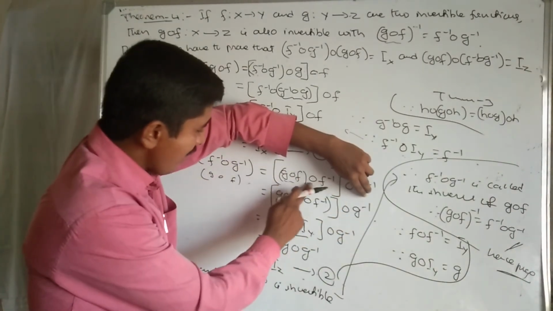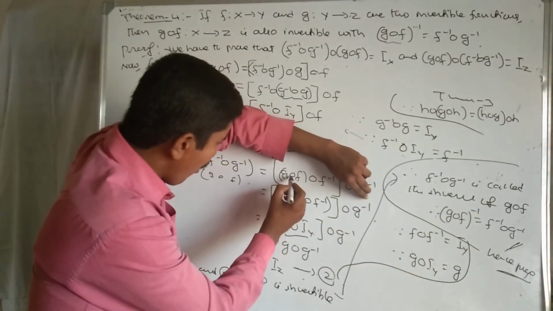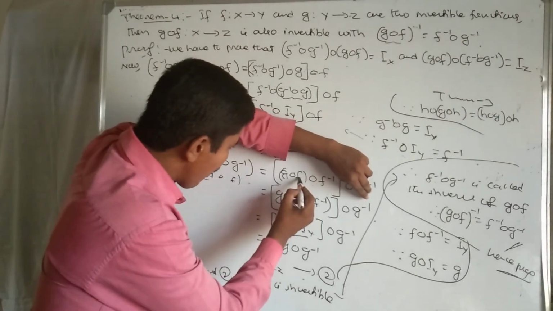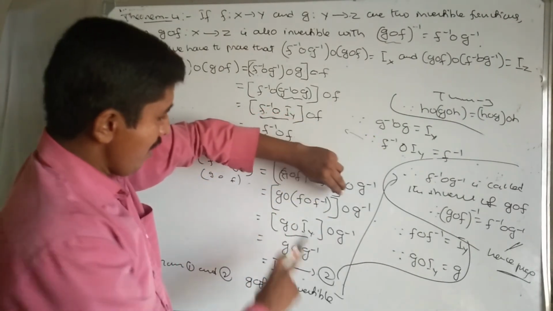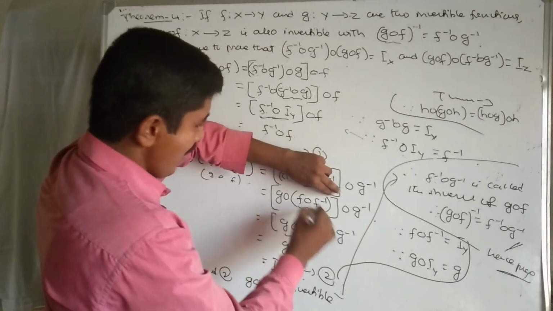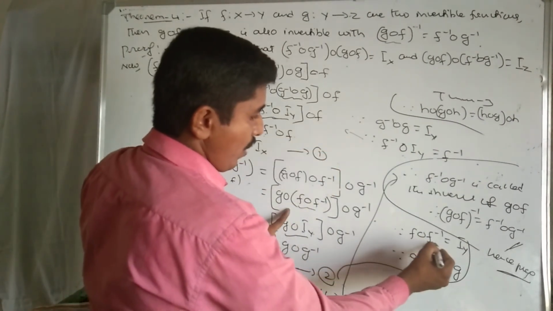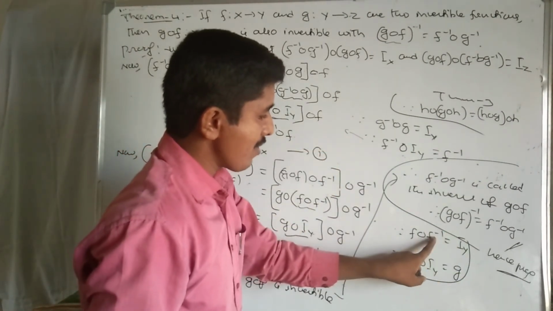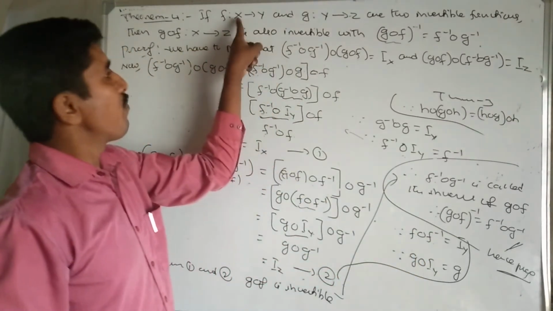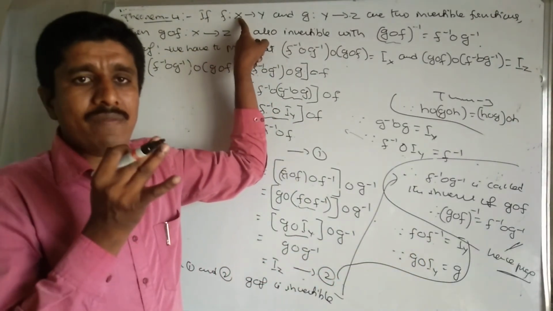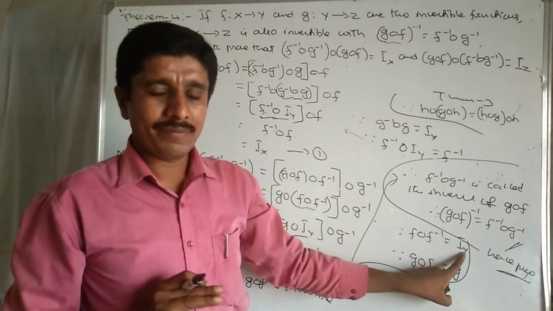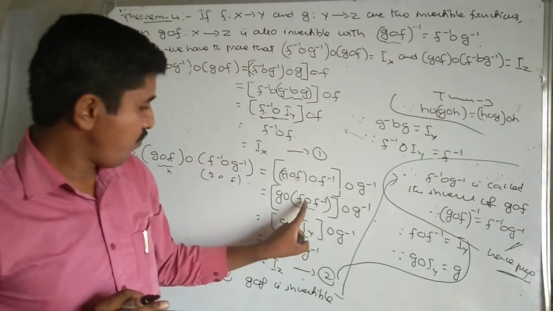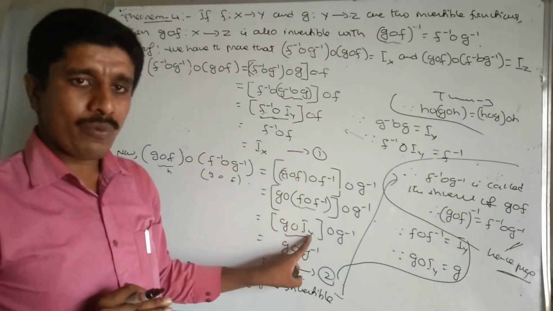Again within the bracket, according to the last theorem, G o (F o F inverse). Here F is invertible, so clearly F o F inverse equals the identity function. What is the domain of F inverse? F domain is X, so the domain of F inverse is Y. I subscript Y.